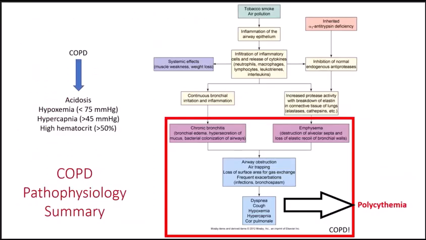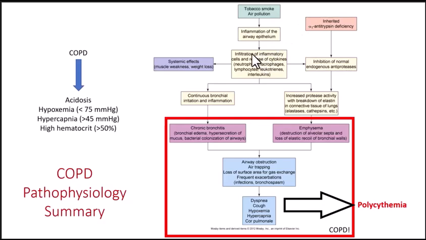Here we have a summary of COPD, and if we start at the top, some sort of irritant, with tobacco smoke being the main irritant involved in the development of COPD, is going to cause inflammation of the airway epithelial tissue. This naturally is going to create an immune response that's going to involve infiltration of various different inflammatory cells.